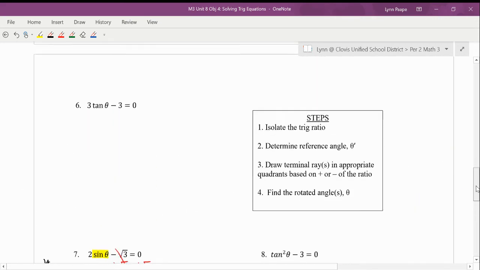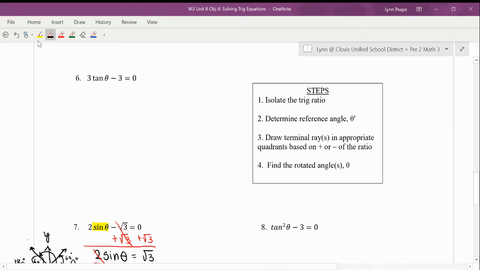All right, so tangent problems. Okay, so similar. So we're going to isolate. So I need to get tangent by itself. So I'm going to add 3 to both sides. And then divide by 3.